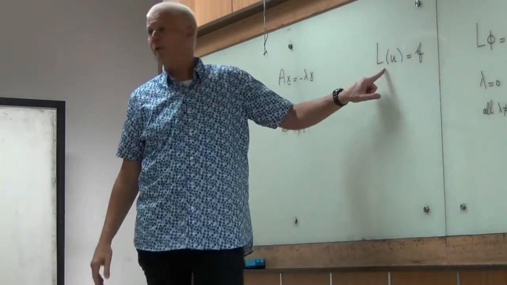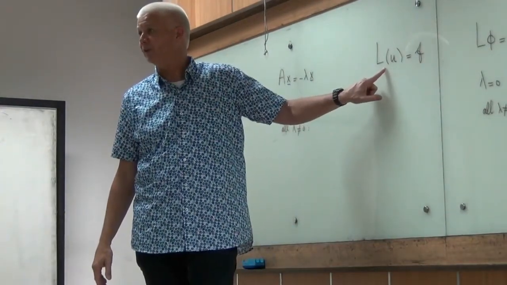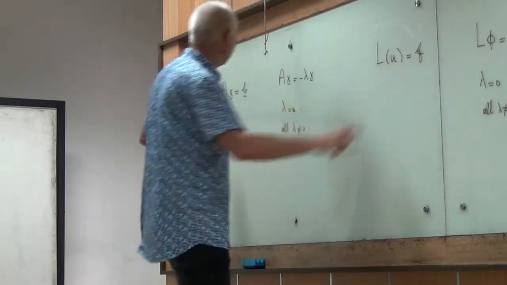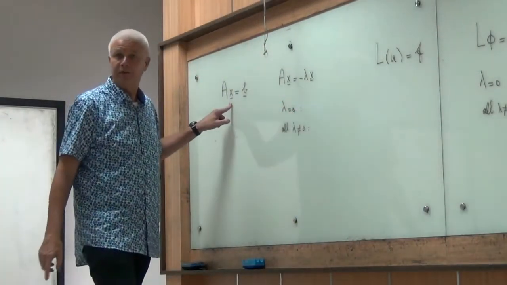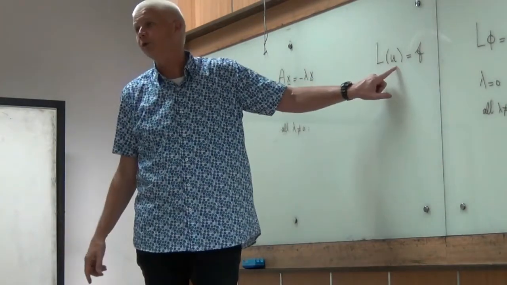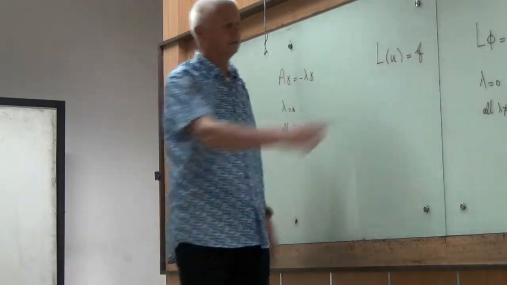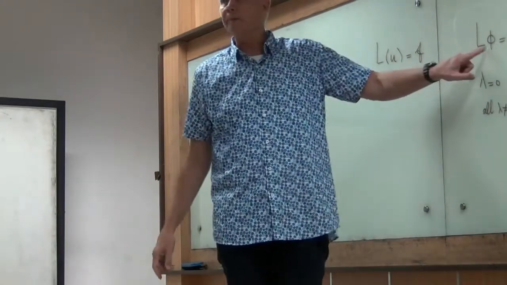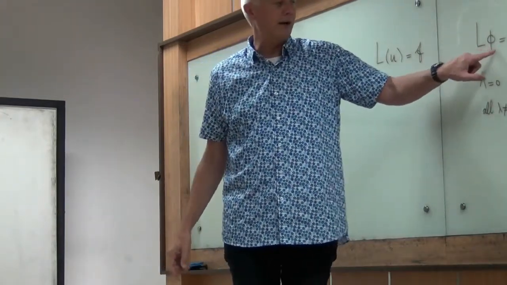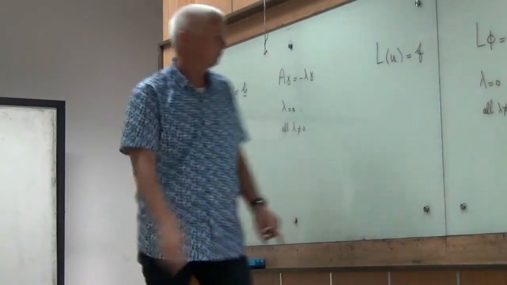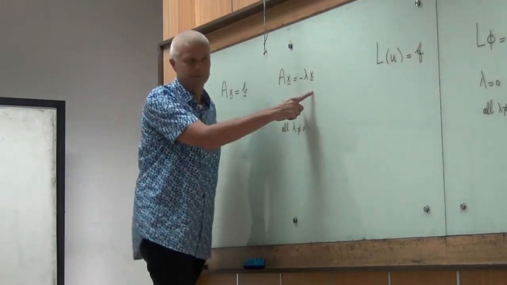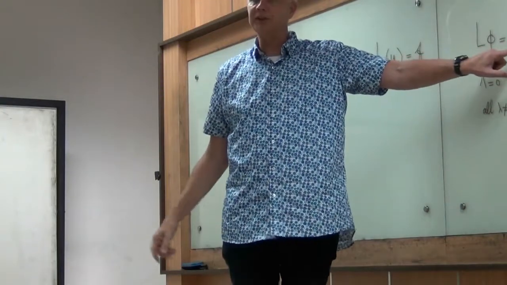Now look at what we did today. Our operator is a differential operator. It's acting not on a vector x, but on a function u(x). But I'm solving the same problem, Lu is f. The nearby eigenvalue problem is L phi is minus lambda phi. See, the same eigenvalue problem. So that's similar.